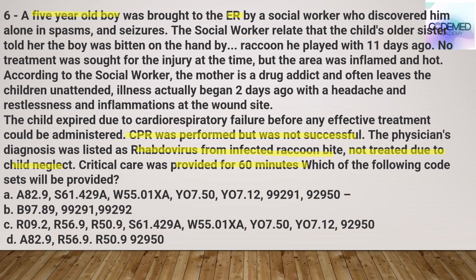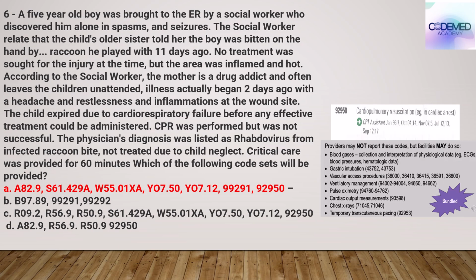So we will have to take the codes which are 99291 and 99292, because these are the codes that we will use for the critical care which is given in the outpatient, because it is an ER. So we have enough data with us, and now we will zero down the code. If you see the options, C and D are the wrong options because they do not have the critical care code.